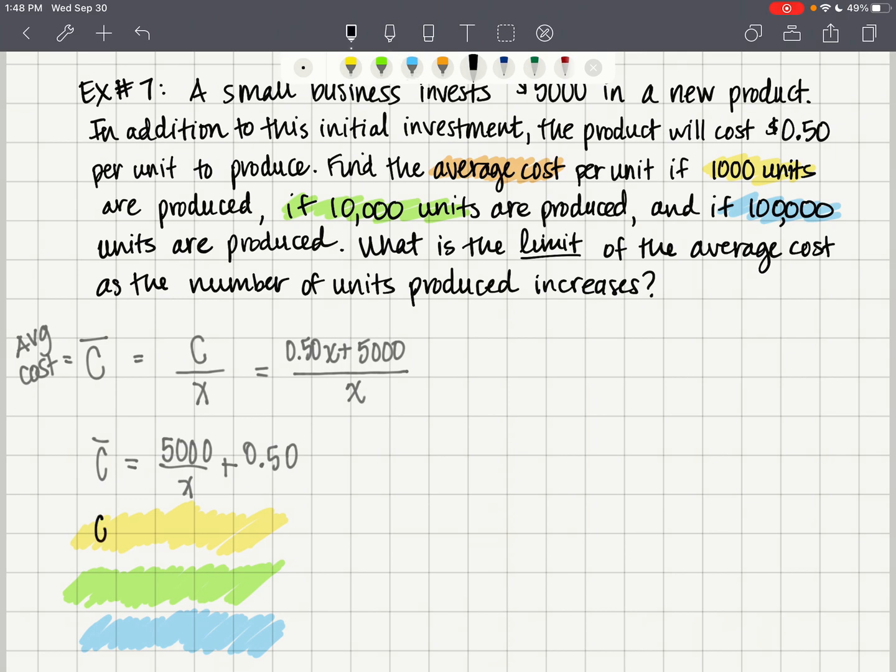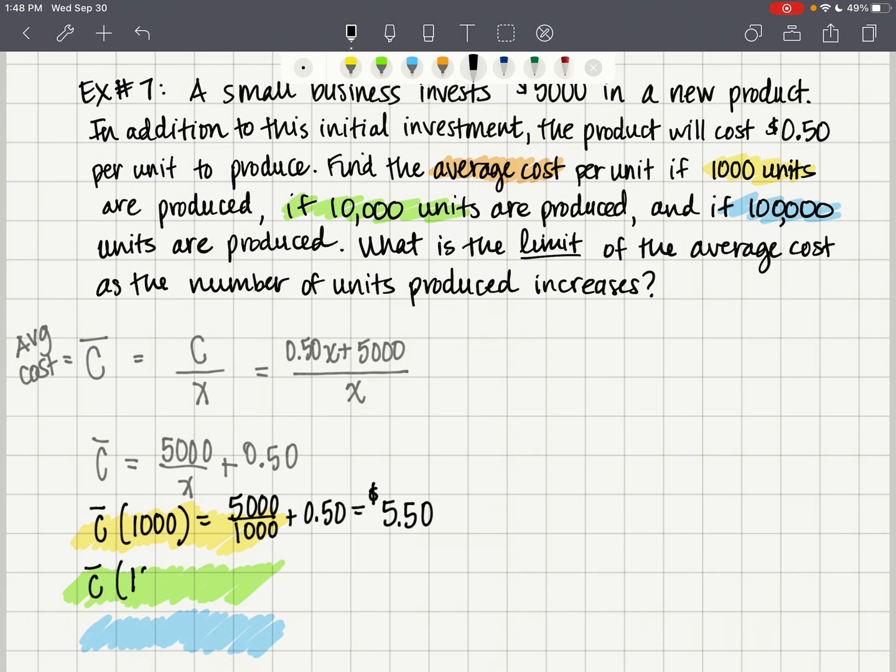So we have C bar of 1,000 is equal to 5,000 over 1,000 plus 0.50. So that would be 5 plus 0.50, which is 5.50. That's our cost. And that's our average cost per unit.